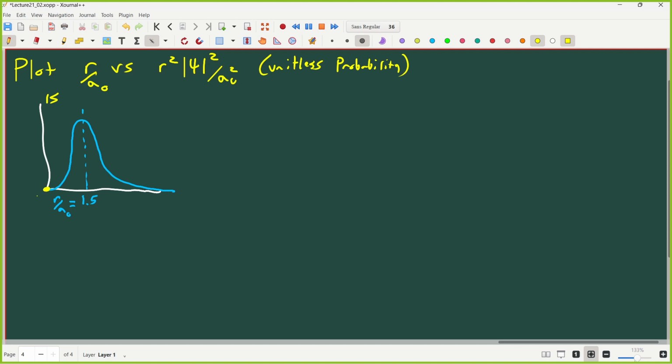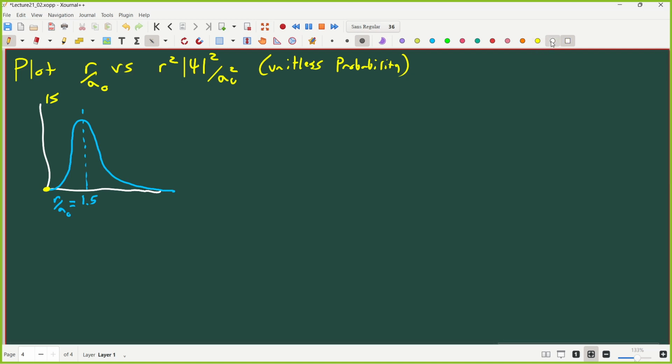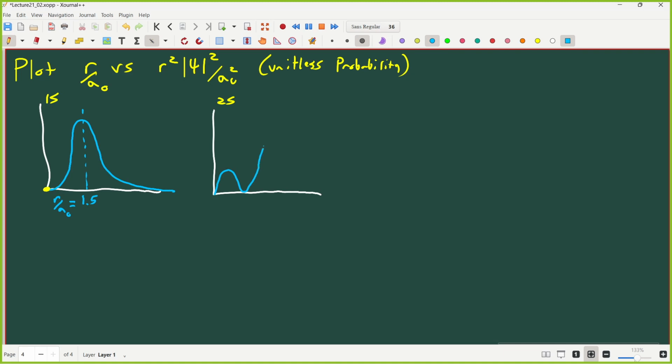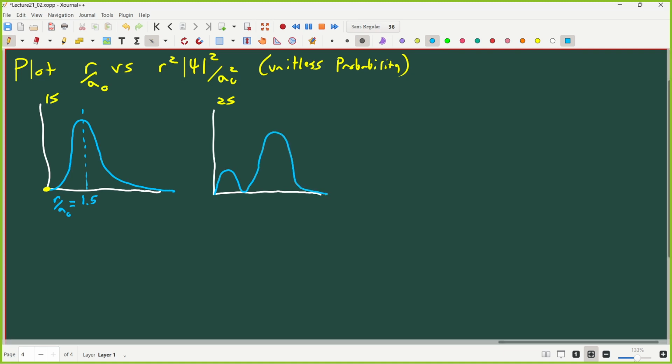Right? And so let's look again at the 2s. Let's go up a level and do the same thing. And what you see in the 2s is, as I showed you last class, the node-like structure. And this is at about 1.5. So in the 2s orbital, there's kind of two shells of probability the electron can be in.